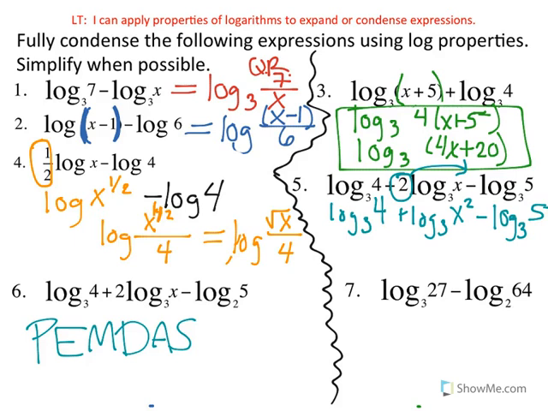The M is first. And so, likewise, we want to do the product rule here first. So we first want to rewrite that front part as log base 3 of 4 times x squared, and keep the back.